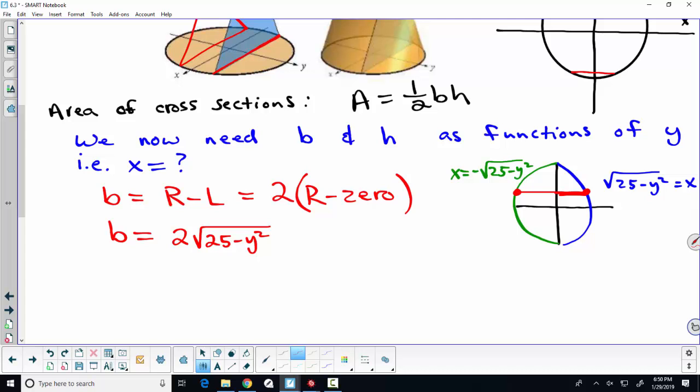So that's the length of the base. Notice it's a function of y, which we needed because we have thickness dy. So there's the length of the base of each one of those triangles. Do y'all have any questions on that? And really that just depended on the boundary of the curve.